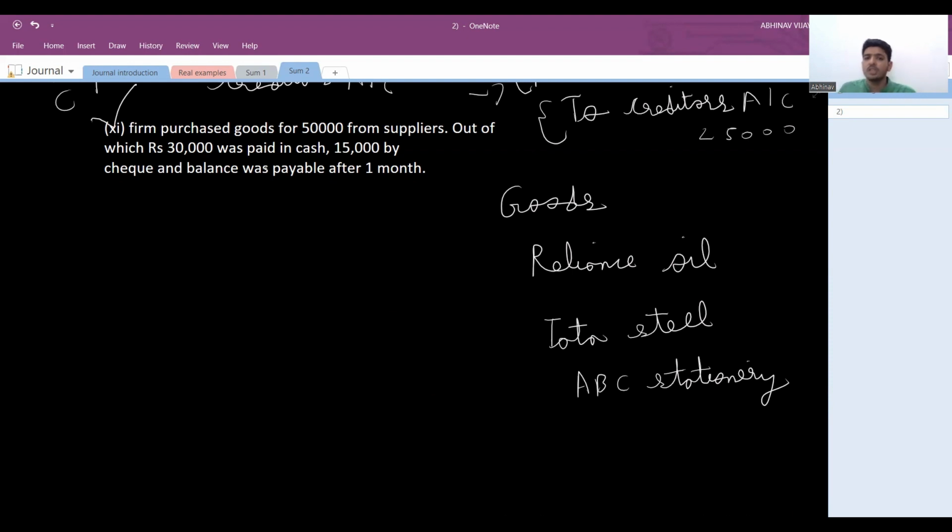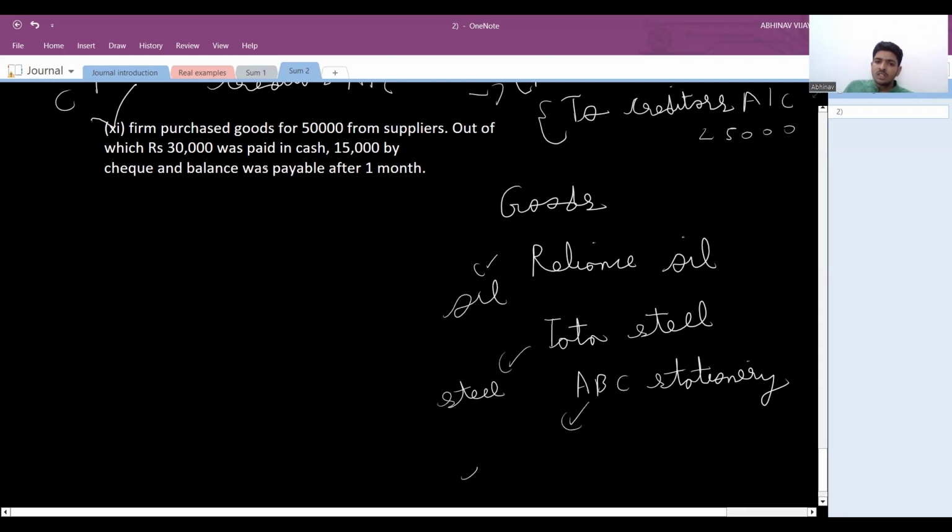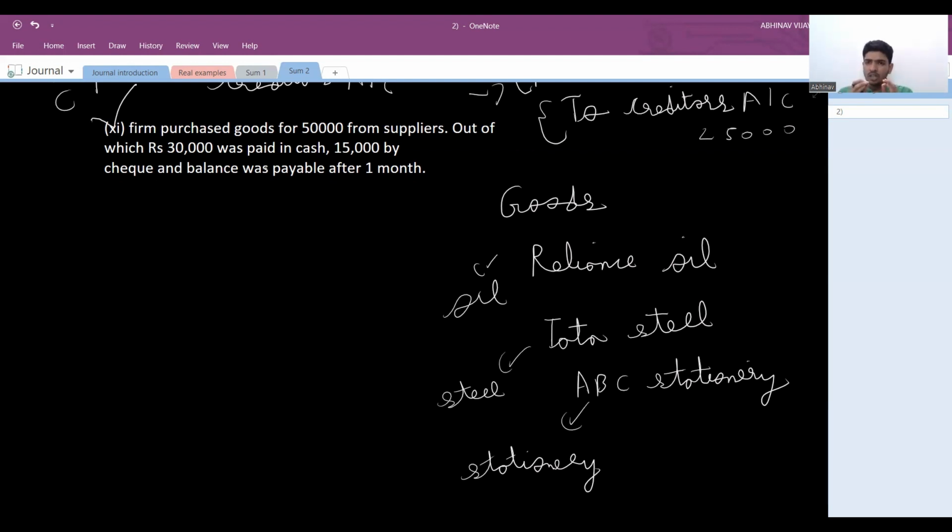This is just for concept. So, in this case, oil is the goods of Reliance, steel is the goods of Tata Steel, stationery is the goods of ABC Stationery. Goods basically means that product which you buy and sell for business purposes.